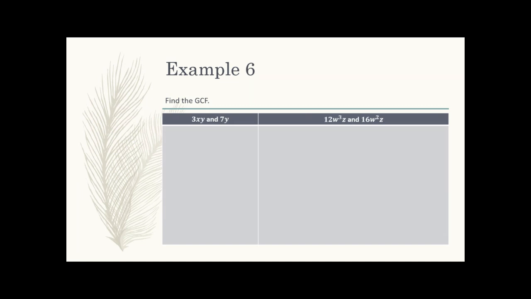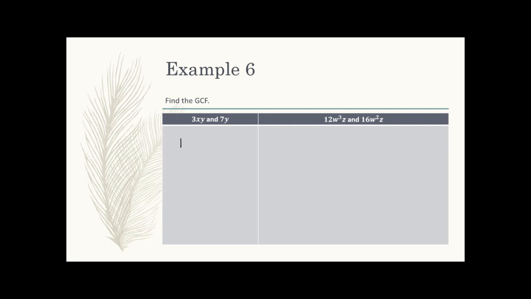So first, I'm going to find the greatest common factor between 3 and 7. It's the biggest number I can divide out of 3 and 7. Now 3 and 7 are both prime numbers, which means I can only divide them by 1. So the biggest number I can divide out of both is 1, so I'm going to write it down. Then I go to the variables, and I have an x, and then something without an x.